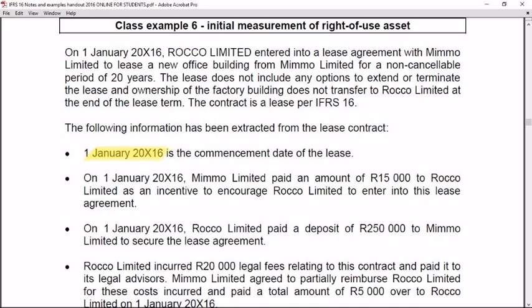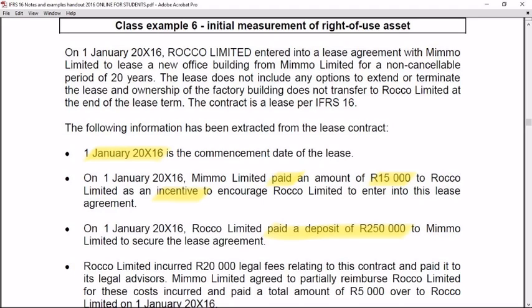1 January 2016 is my commencement date. On this date, Mimo Limited, the lessor, paid an amount of 15,000 Rand to Rocco as an incentive to encourage Rocco to enter into this lease agreement. So that is a lease incentive paid on 1 January 2016. On the same date, Rocco paid a deposit. So that is an installment already paid on commencement date.